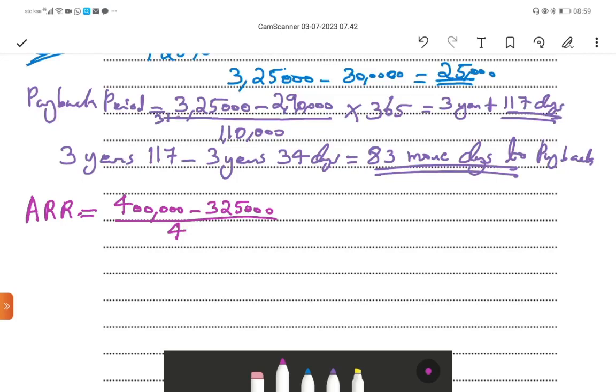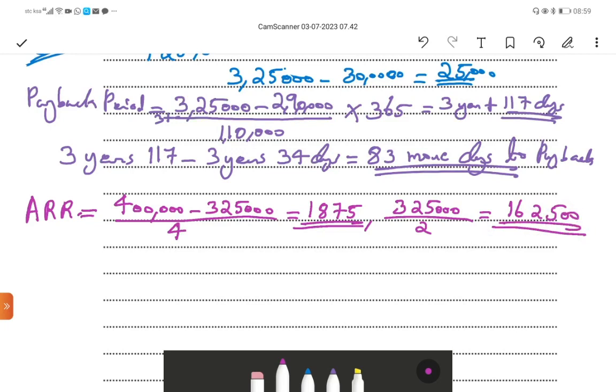This is our average profit. This will become 18,750. And average investment is 325,000 divided by 2, which is 162,500.